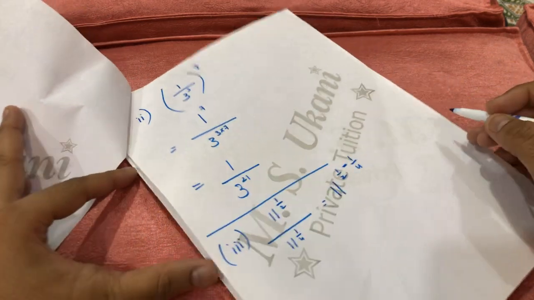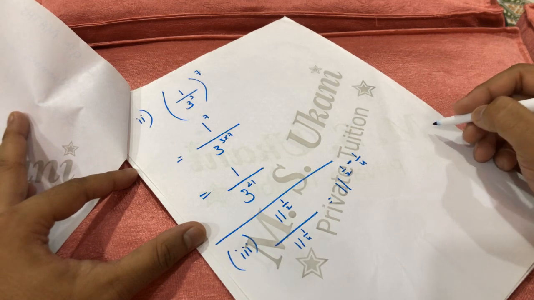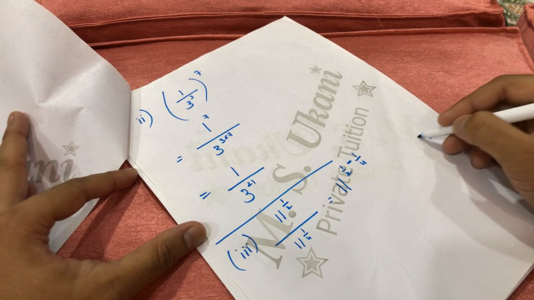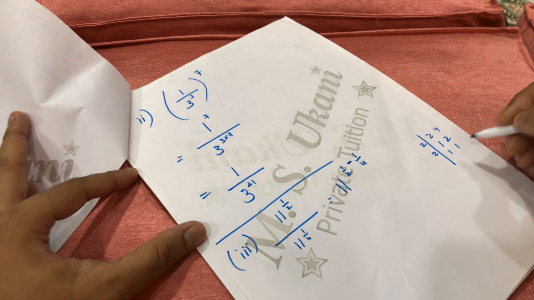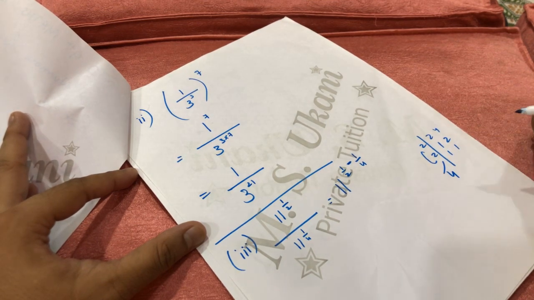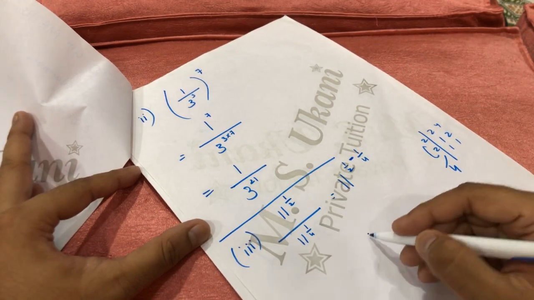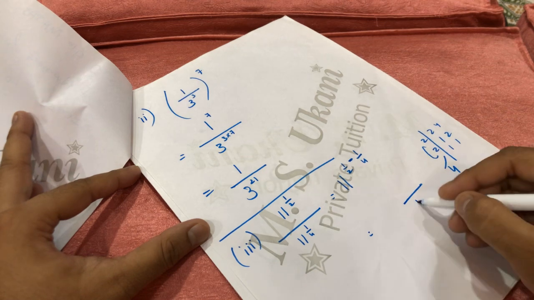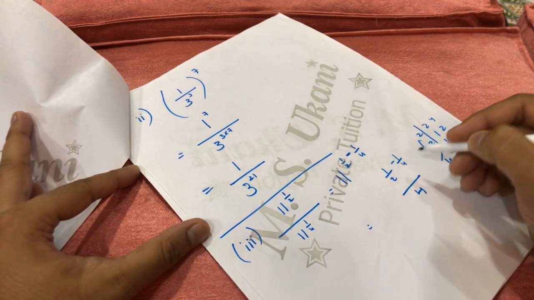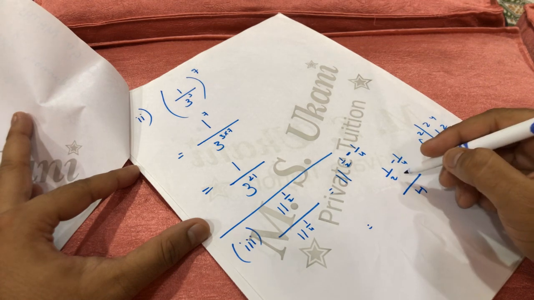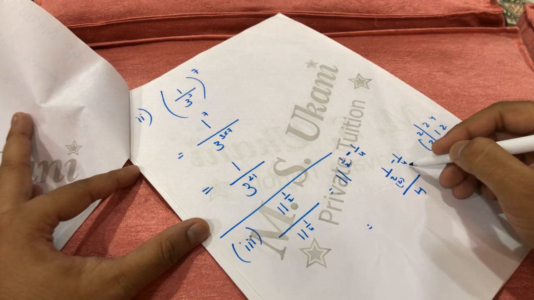Now we will take out the LCM for 1 upon 2 and 1 upon 4. So 2 and 4: 2 ones are 2, 2 twos are 4, so our LCM will be 4. So here we will ask in the table of 2, when does 4 come? 2 twos are 4, and in 4, 1 four is 4.